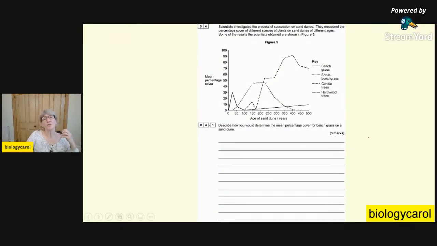Okay, on to the next one. As soon as I see graphs like this, this looks like succession. So, investigating succession on sand dunes, they measured percentage cover.